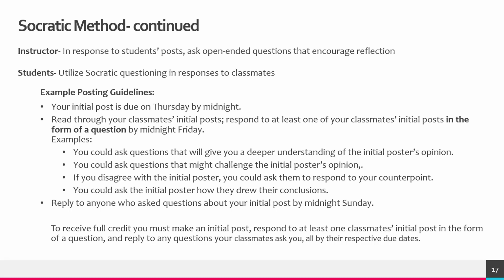So there are methods for gamifying online discussions. The reason I didn't want to spend a lot of time on it is, one, if you want to try gamification, I would absolutely encourage it, but try it in just 1 or 2 discussion boards, because if every discussion in your class is gamified, then they're going to lose interest. It's not going to motivate them if it's in every discussion.